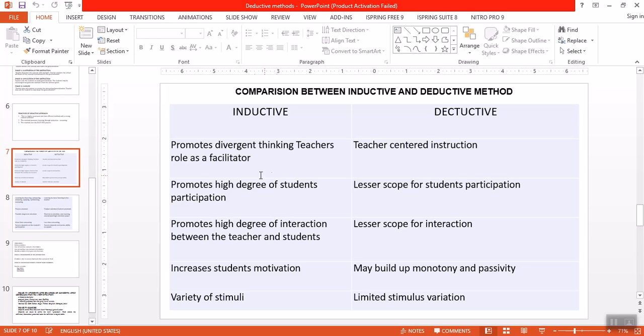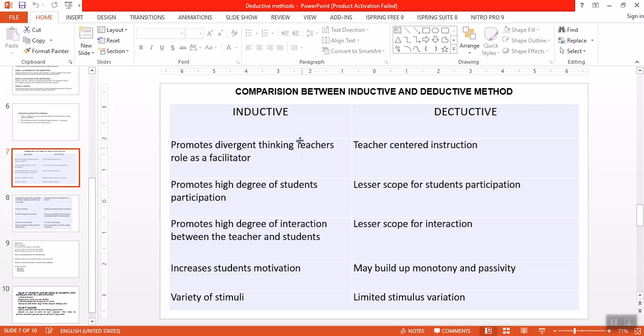Here the teacher gives an example. In the inductive we try to explore mostly from the students, so it is more student-centered, and promotes a high degree of student participation, with lesser scope for students to participate in the deductive. Inductive promotes a high degree of interaction between teachers and students. In the deductive, there is very little scope.